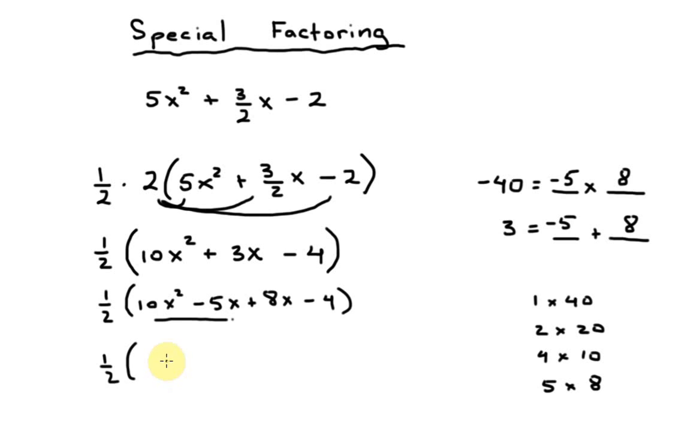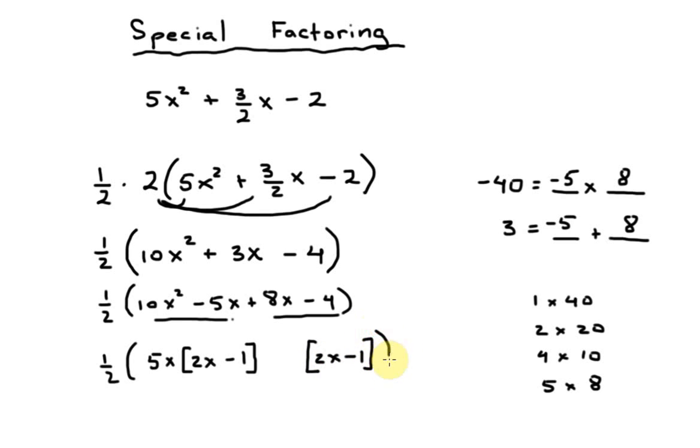That looks like it's going to be a 5x, which would leave me with 2x minus 1. And then when I take out the greatest common factor from the second 2 terms, I'm hoping to see exactly the same stuff in the bracket. So that's 2x minus 1.